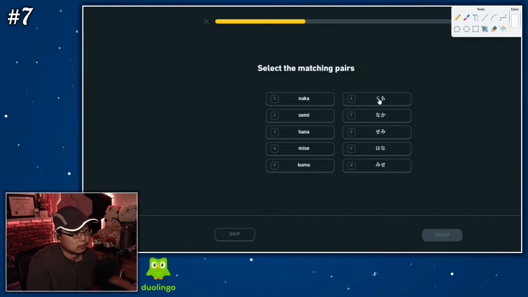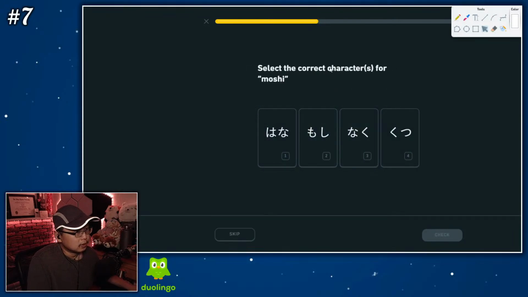Then we have kumo, 雲, naka, 中, semi, セミ, hana, 花, mise. 店 Okay. Moshi. Moshi. This is Anna.